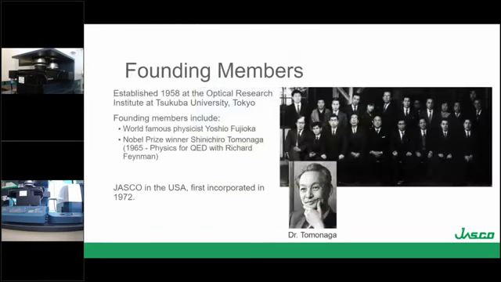Some of our founding members are the famous physicist Yoshio Fujioka and Dr. Shinichiro Tomonaga, who shared the Nobel Prize in Physics in 1975 with Dr. Richard Feynman in quantum electrodynamics. JASCO was established in the US in 1972, and we are currently in Easton, Maryland.